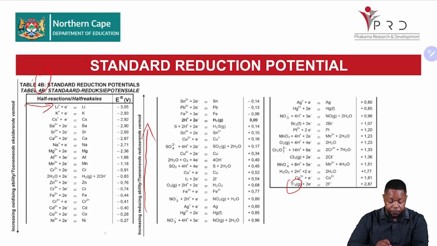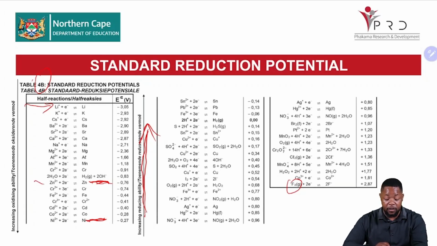Let's take, for example, zinc on the table, and then we also take nickel. The arrow says, as it goes up, increasing reducing ability. So if zinc is in a cell with nickel, zinc, because it has a greater reducing ability, will undergo oxidation, and nickel will undergo reduction.